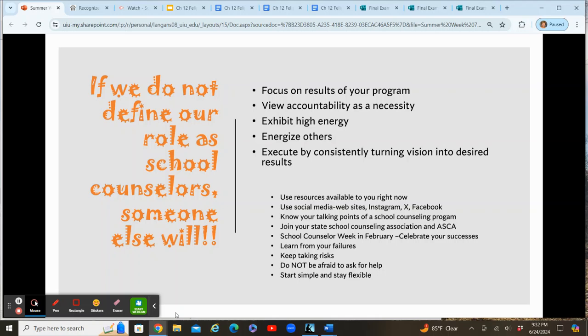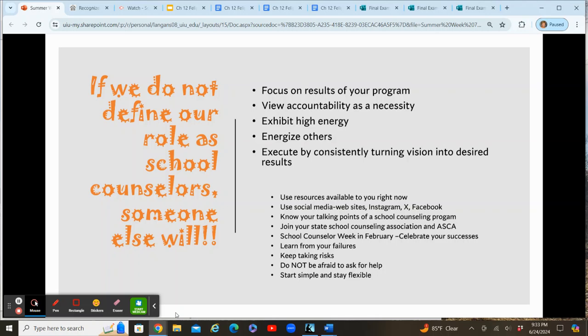Now we work with all students. We work in the academic, social emotional, and career and college ready domains. So it's really, really important for you to have that in your back pocket and be ready to share with people. Join your state counseling association and ASCA. I can't say this more.